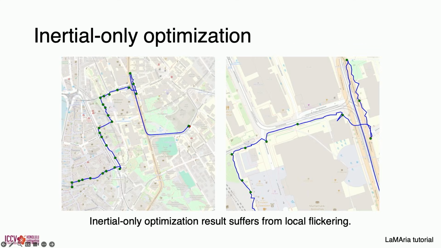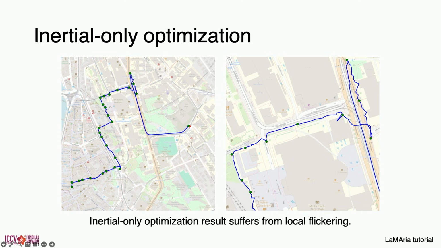And there were some small experiments that we ran to see if we can improve our moving platform optimization. Since the visual constraints are not changing, we tried to run inertial only optimization, since the visual constraints can potentially mislead the motion estimation.